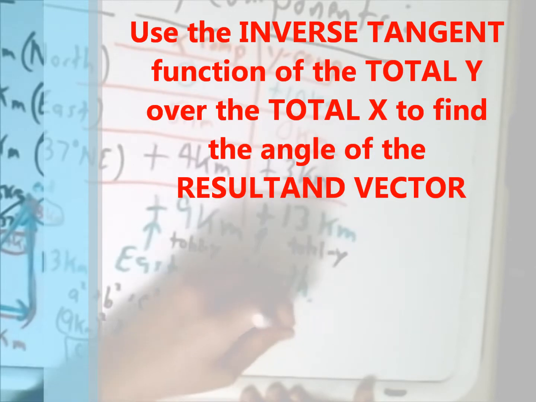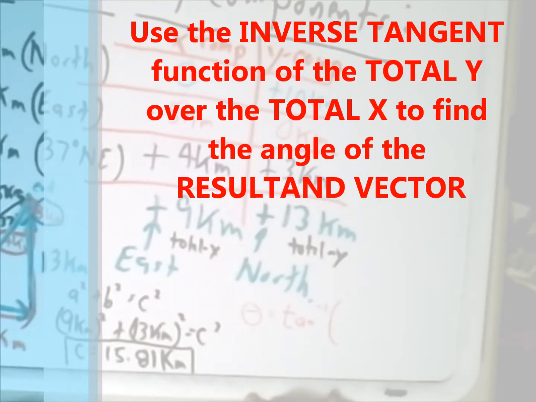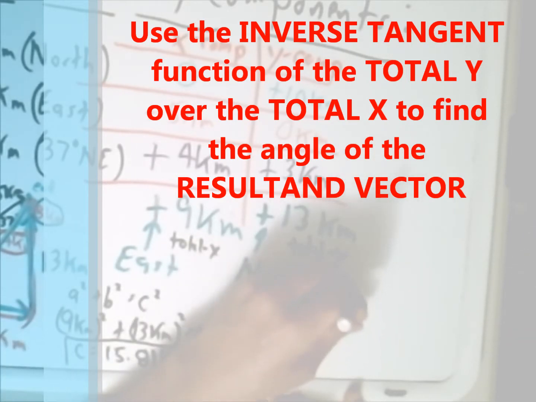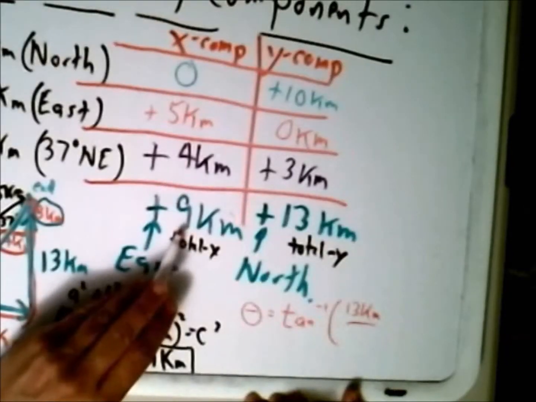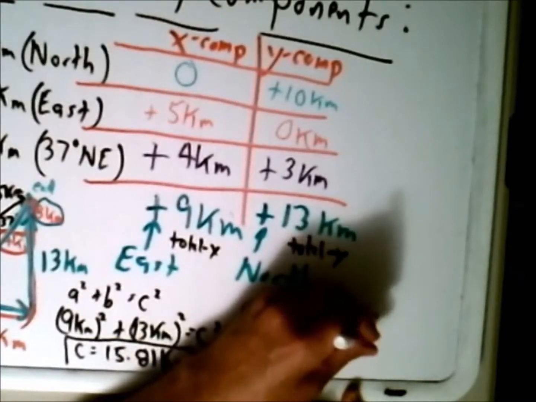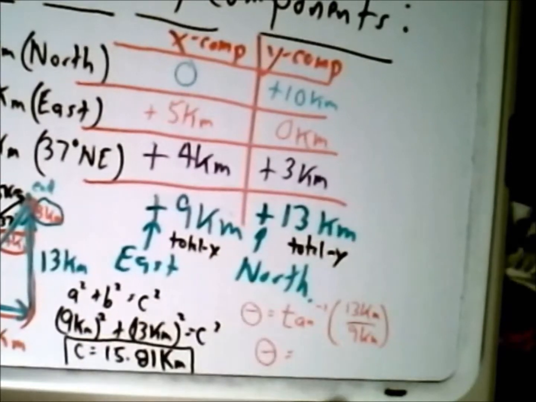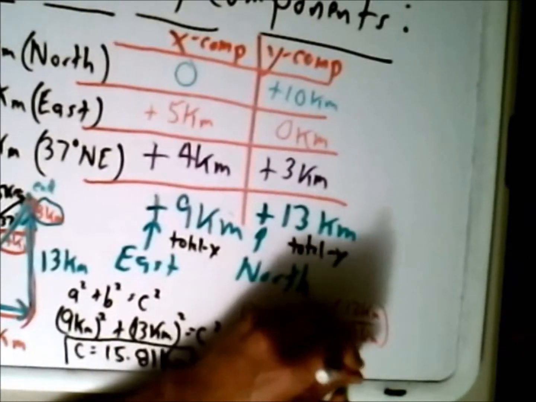So the angle is equal to the tangent minus 1 of the y piece. In this case, the y piece is the 13, the total y. So I'll say 13 kilometers over the x piece, which is 9 kilometers. And if I do that on my calculator, the angle is going to come out to be 55 degrees, and it's between the north and the east.